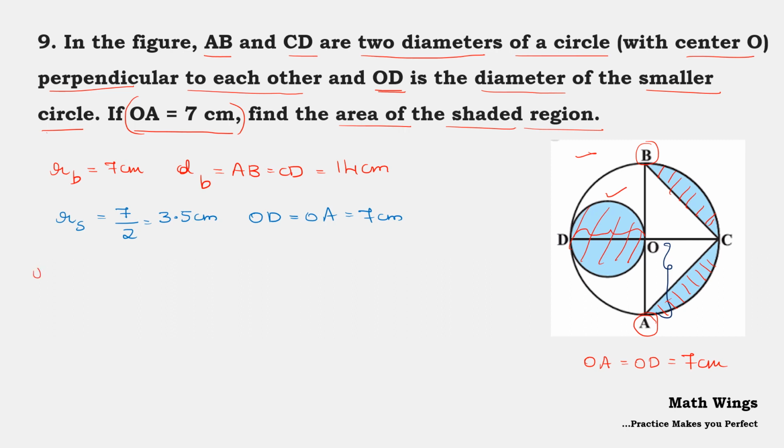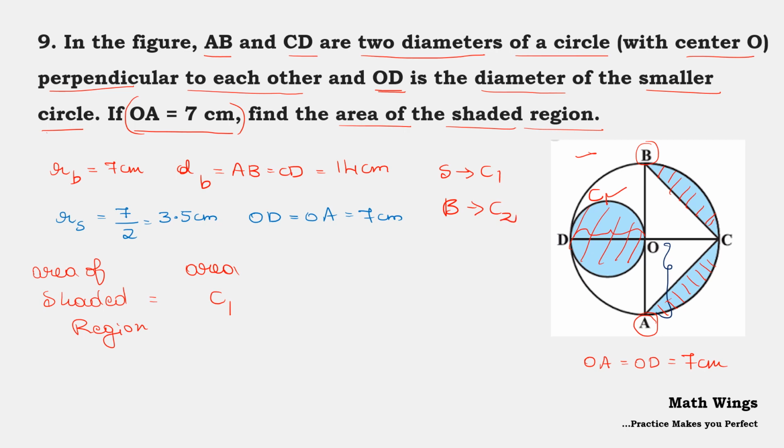So how can you write? You can write that area of shaded region is equal to area of circle 1. I will keep the smaller circle as circle 1, as well as the bigger circle as circle 2.